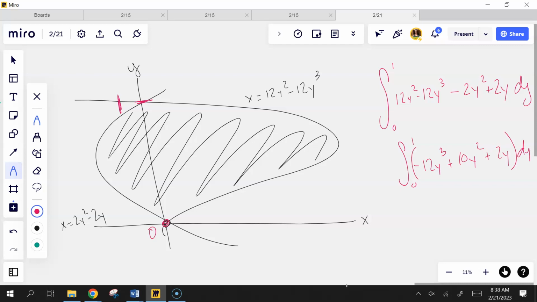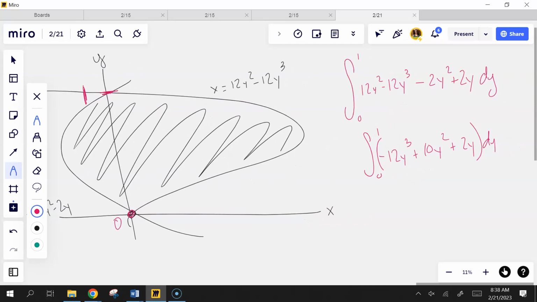Pretty easy little polynomial antiderivative there to evaluate. I distributed the minus through. It was minus 2y squared minus 2y.